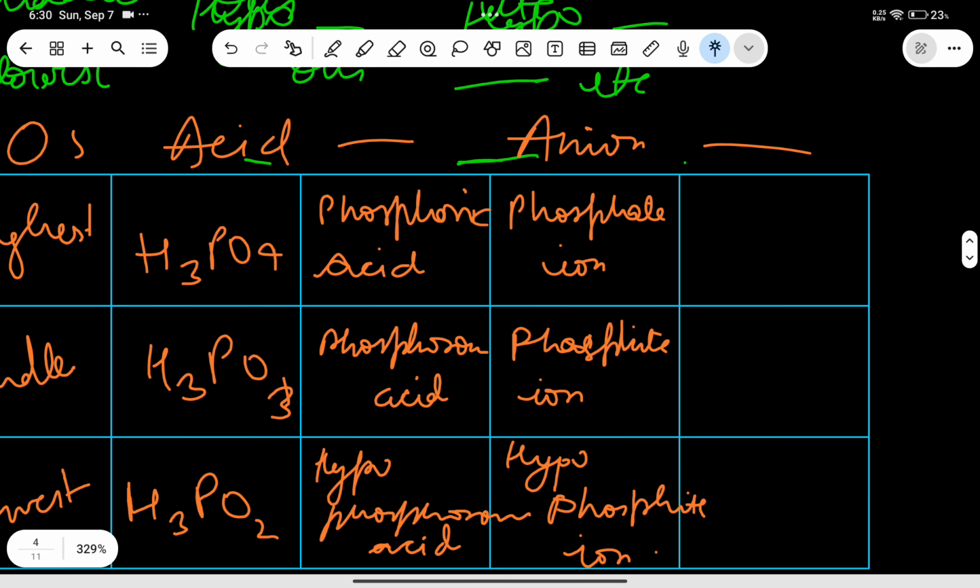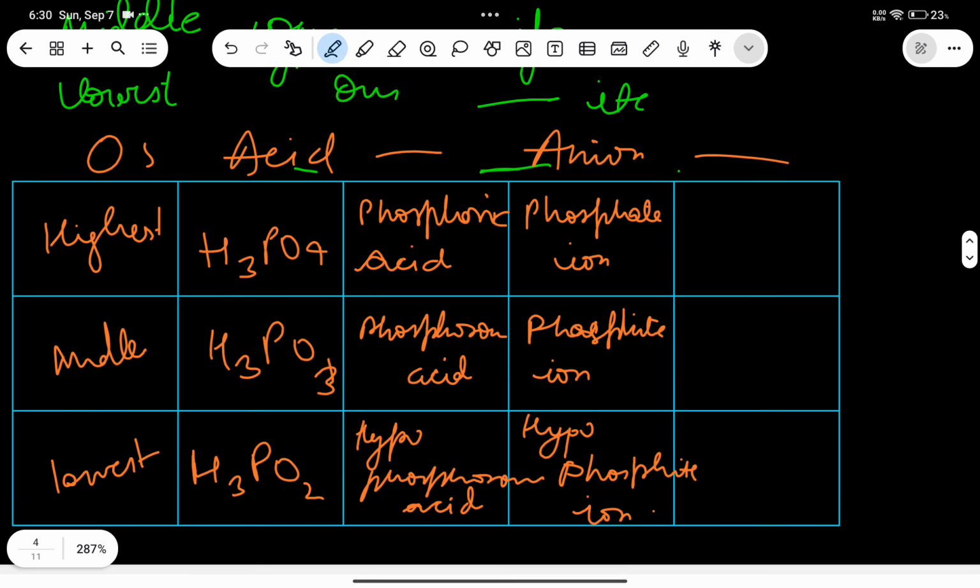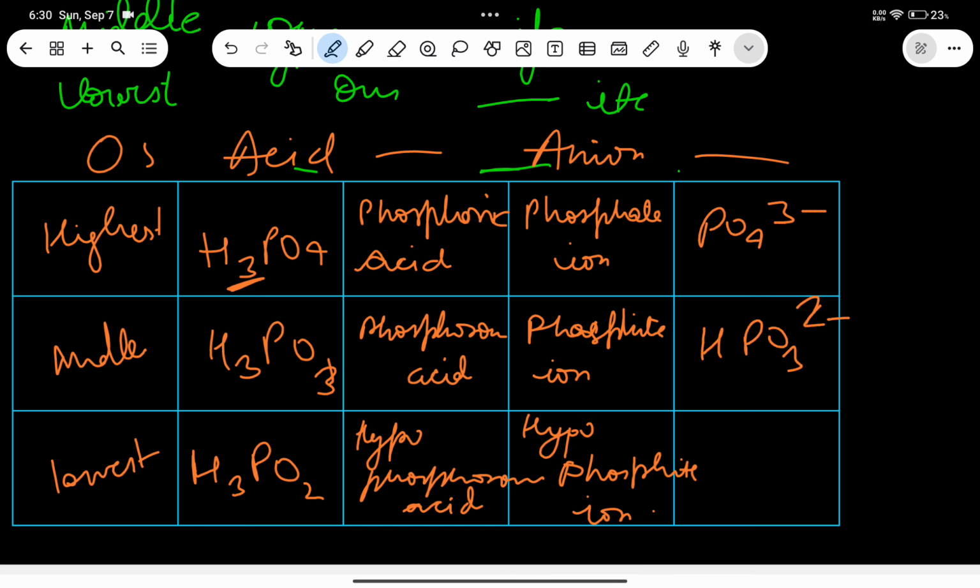So let's see what the anion formed here would be. Here the anion would be PO4 3 minus, because 3 is there. Now it would be HPO3 2 minus. Why? Tell me why.